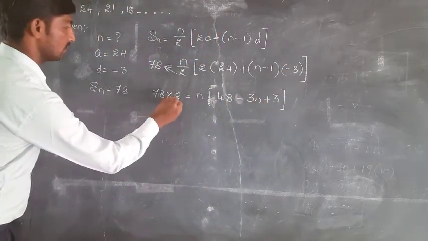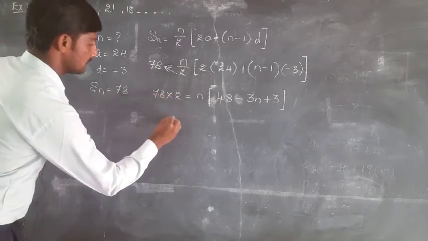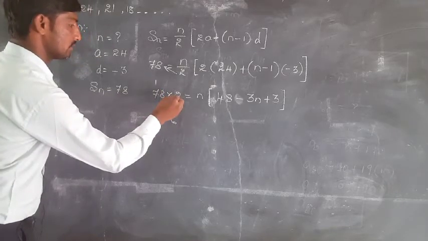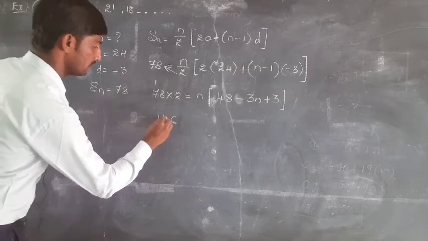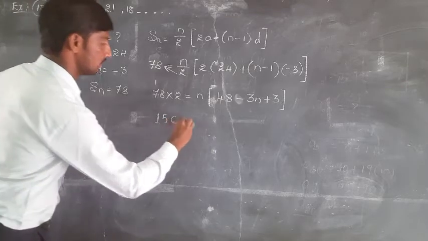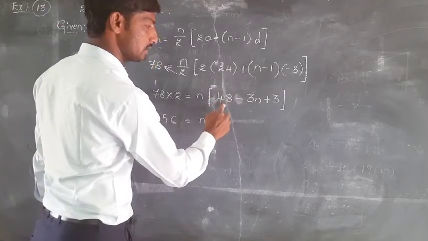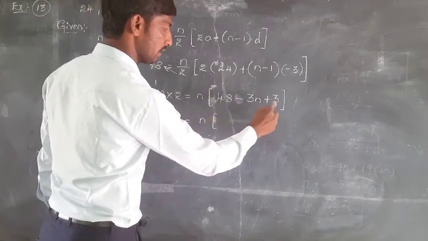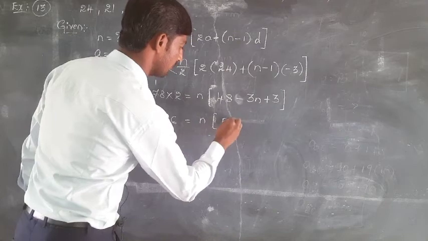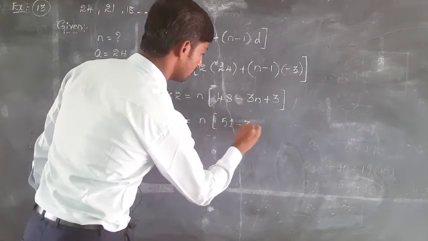That is, 2 8s are 16, 1 carry, 2 7s are 14 plus 1, 15, it is 156 is equal to n of 48 plus 3, how much is it? 51 minus 3n.